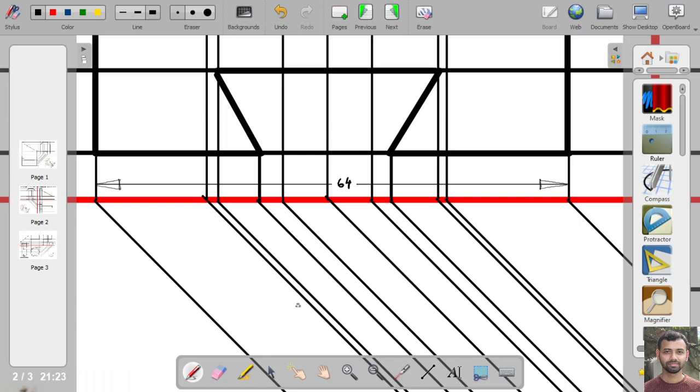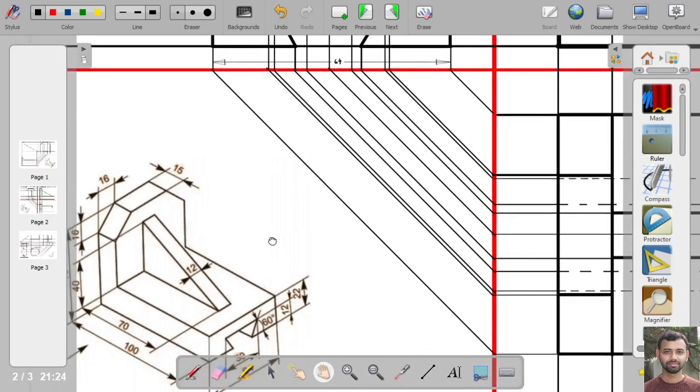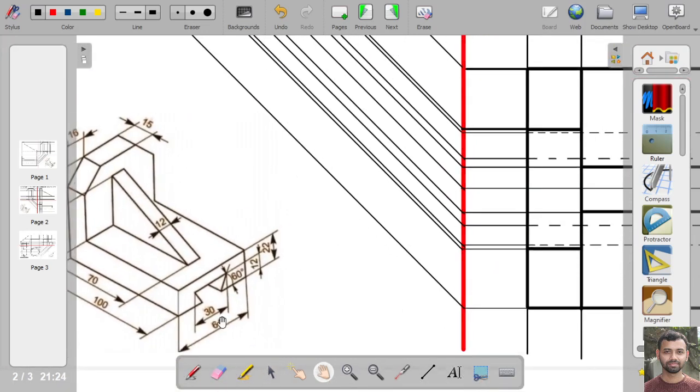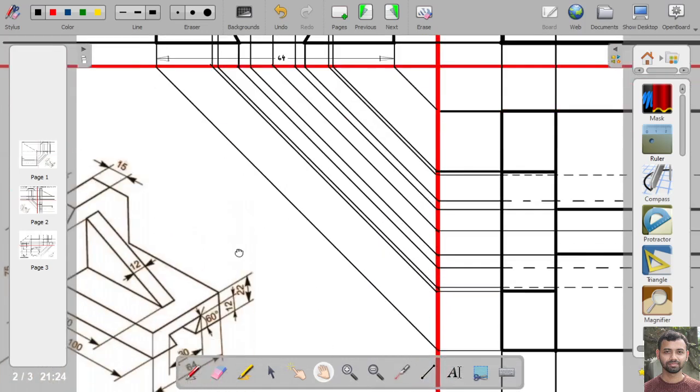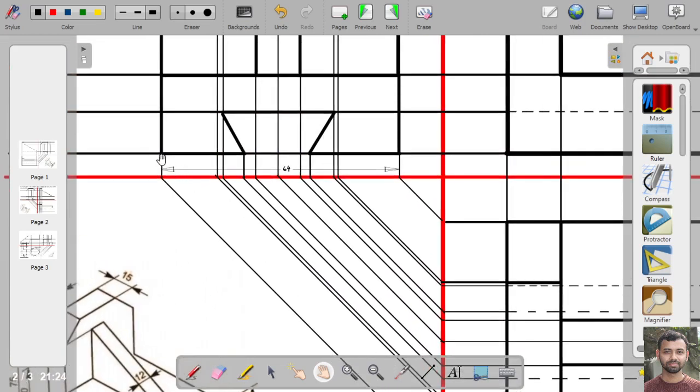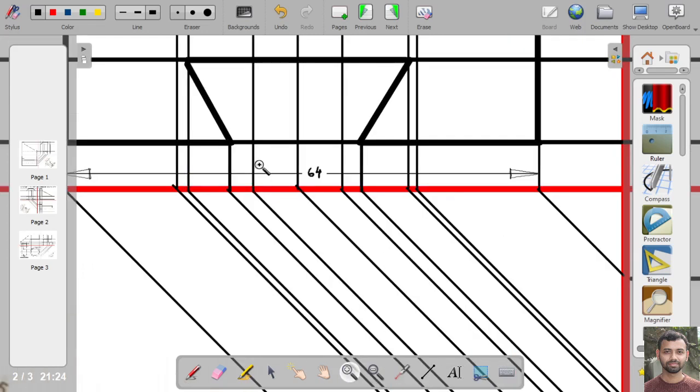So now the next dimension is this one. This one is 30 mm. So above the 64 mm, we will write the 30 mm dimension. As there are already projection lines available, we are not using any extension line. So from this point to this point, it is 30 mm. So from this point to this point, this is 30 mm.